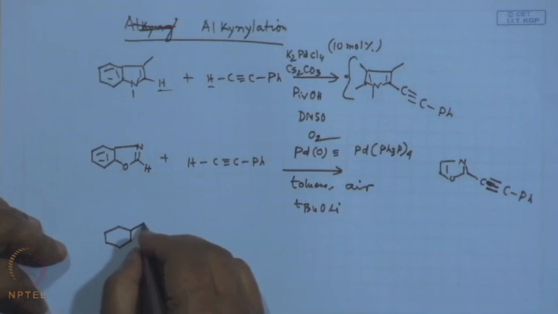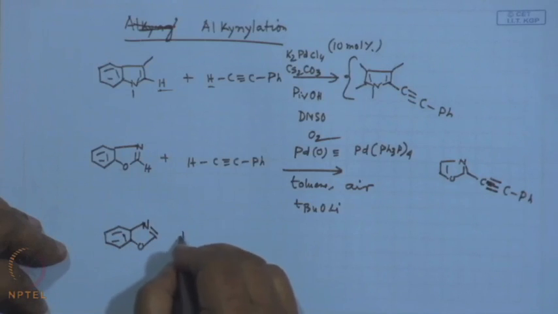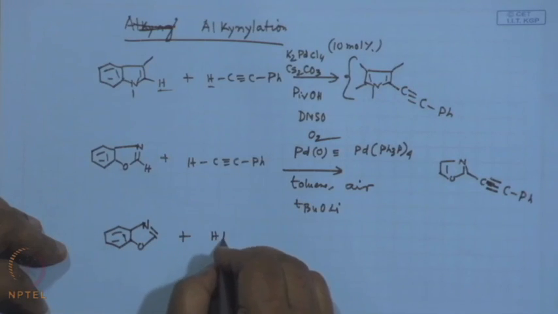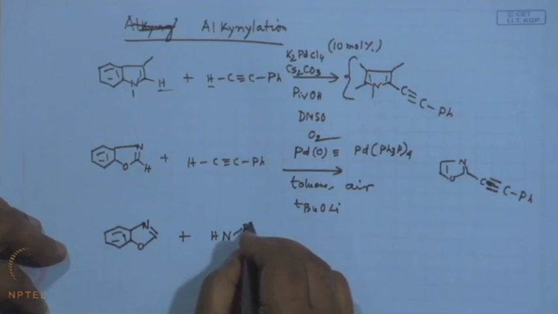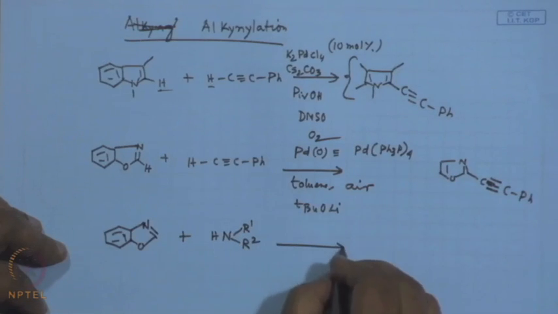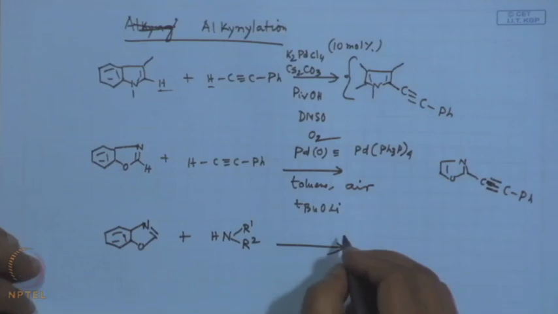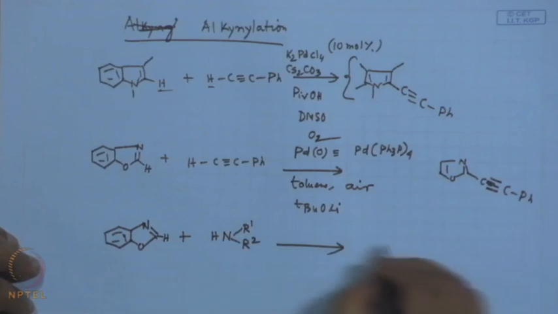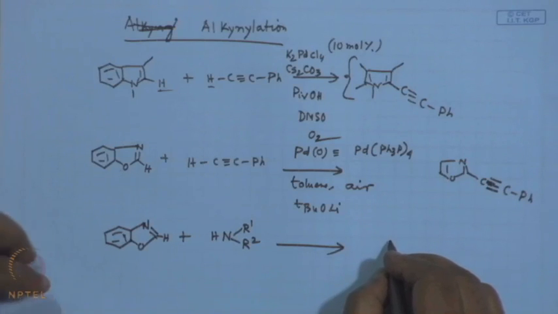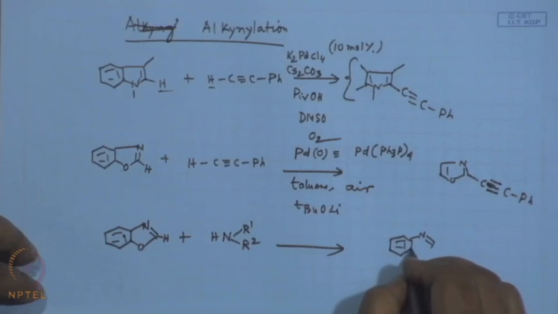For example, if you take benzoxazole and a secondary amine, which of course means there are two hydrogens, a heterocycle can be aminated, that means functionalized with a nitrogen.